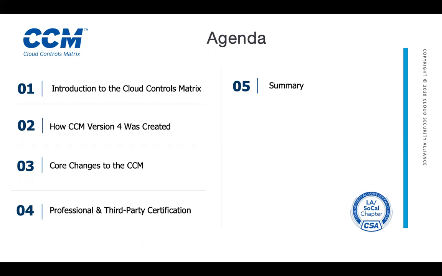And we'll eventually close the presentation with an overview of the Cloud Security Alliance STAR program and what is to be expected by organizations for establishing a smooth transition from the previous V3 to the new V4.